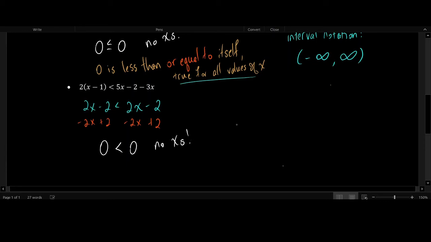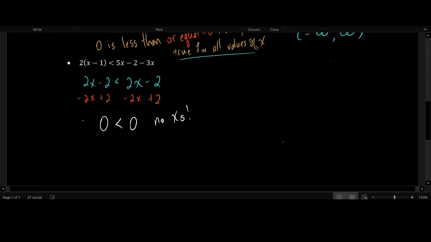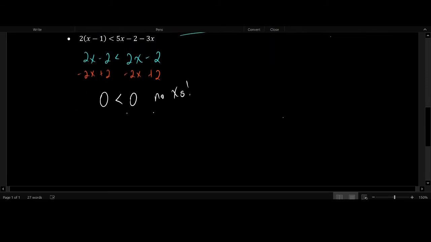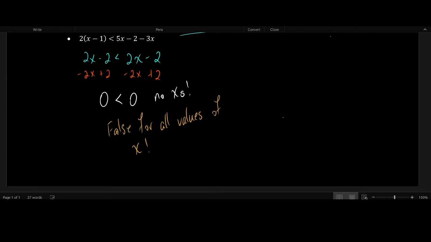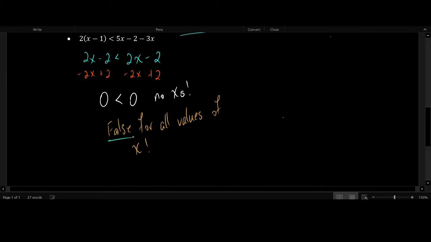This statement is false for all values of x, because 0 is not strictly less than itself. And since it's false for all values of x, we can conclude that there are no solutions.